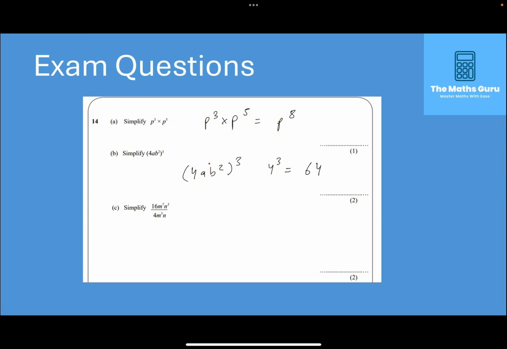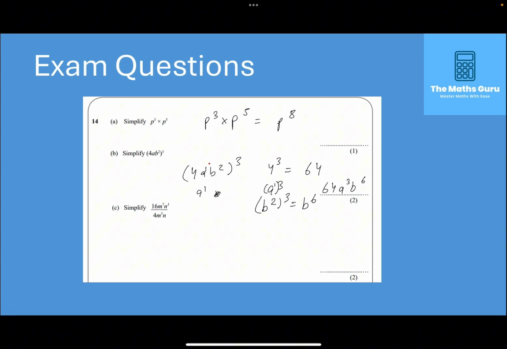And then a to the 1 is cubed, because we have a to the 1 here, so times by 3, and then b squared cubed is b to the 6. Just write that out like that, and we get 64 a cubed b to the 6.